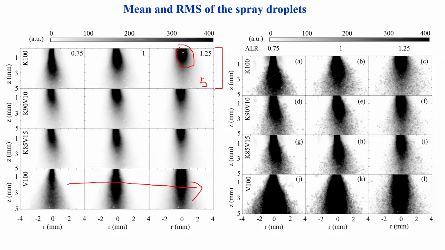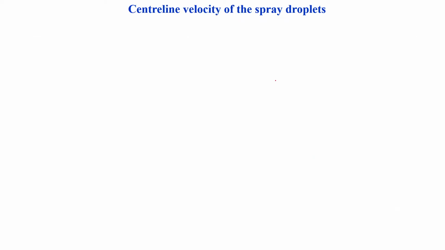Similarly, we can see an increasing trend as the percentage of vegetable oil blending increases. This is a mean image, this is an RMS image. Here we can see how the droplets change with respect to the different vegetable oil blending as well as 100% vegetable oil.